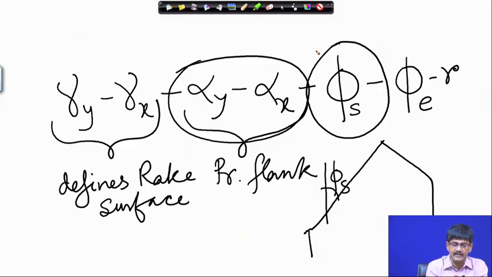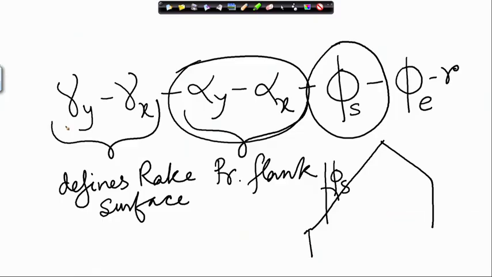So, in that case, we cannot freely define phi s. That is, if I say, let us take a tool with gamma y 15 degrees, gamma x 5 degrees, alpha y 10 degrees, alpha x 5 degrees, phi s say 25 degrees and phi e 65 degrees. No, phi s will be pre-decided.